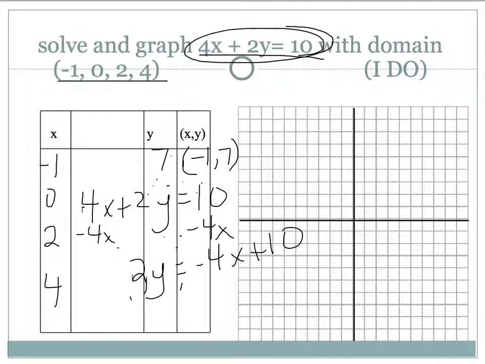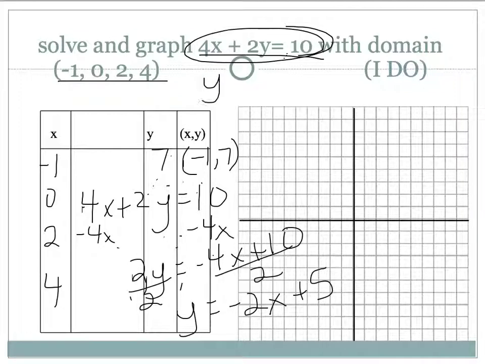You want the x first because it's supposed to be in the mx plus b form. So if I divide by 2, I have y equals negative 4 divided by 2 is negative 2x, and 10 divided by 2 is 5. So this equation is really the same as y equals negative 2x plus 5.